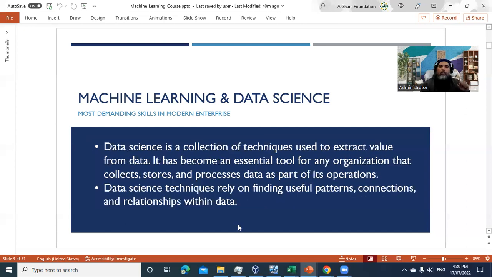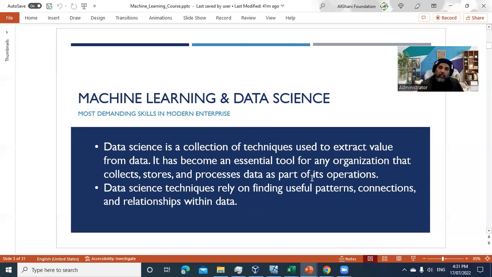So what is data science? Data science is a collection of techniques used to extract value from data. It has become an essential tool for any organization that collects, stores, and processes data as part of its operation. Like I mentioned, in data science the core focus is purely the data which any enterprise is collecting, and that covers the techniques for how we can extract the value. Keep in mind, one of the biggest challenges the industry is facing right now is that we are asking data scientists to extract the data. Unfortunately, that's not their job.